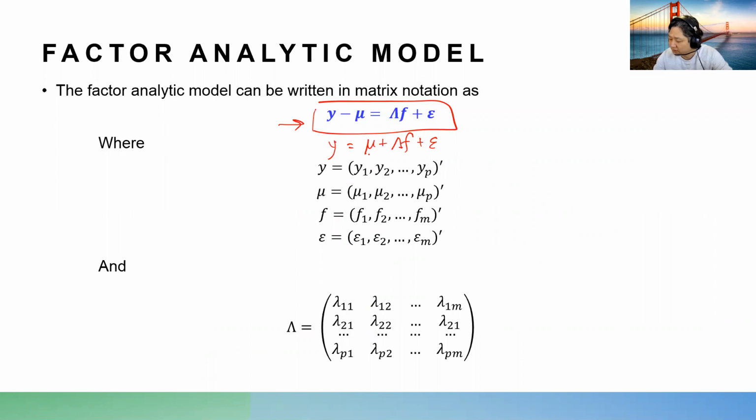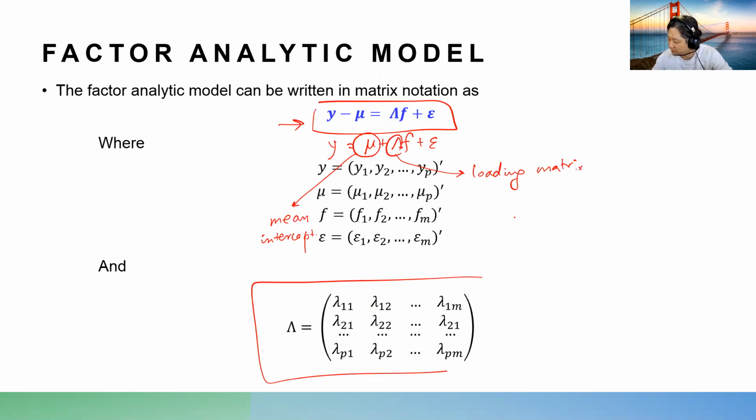This is the mean, the intercept. This is the factor loading matrix. F is our factor. And this is our residual error, right?